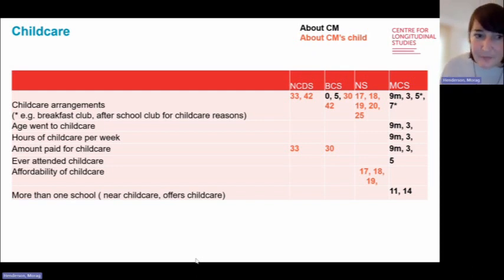Next Steps captures it for their own children, so quite young mums and dads at age 17 to 25, and there's a question about affordability. And for MCS, it's all about the cohort members' experience of childcare, where they went, hours and amount paid for.